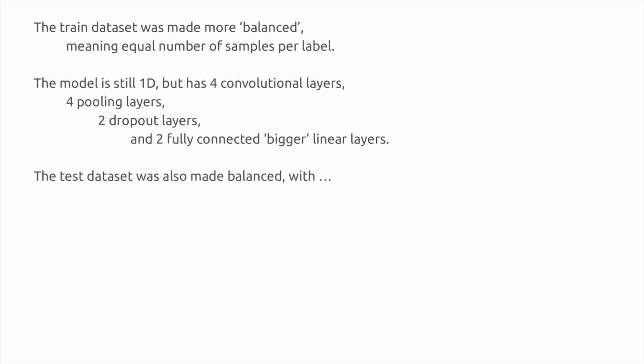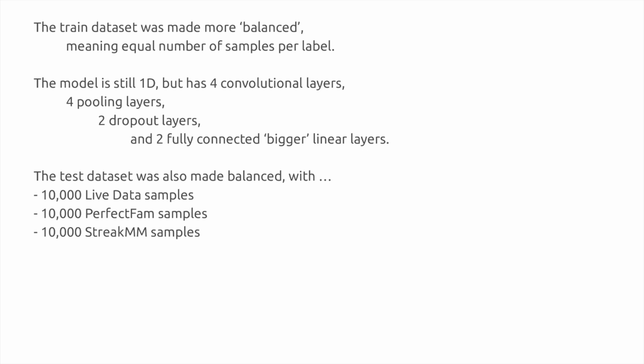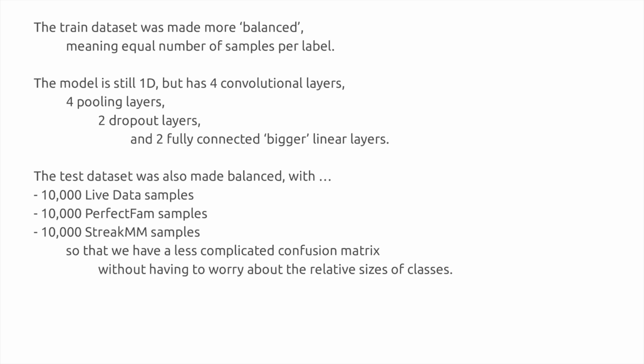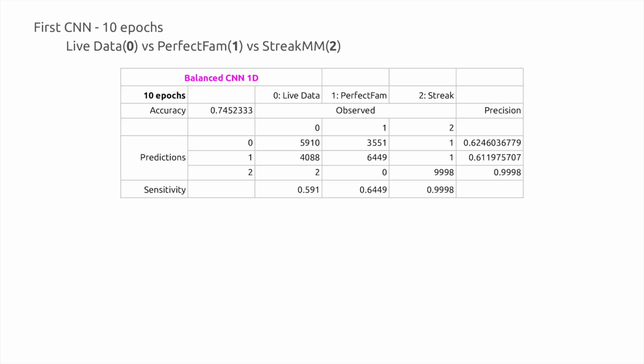The test dataset was also made balanced with 10,000 live data samples, 10,000 PerfectFam samples, and 10,000 Streak M samples, so that we have a less complicated confusion matrix without having to worry about the relative sizes of classes. We will call this model Balanced CNN 1D.